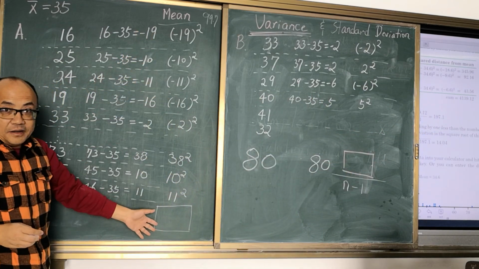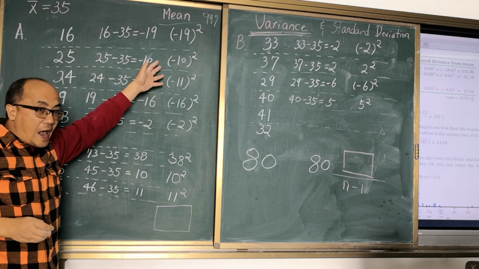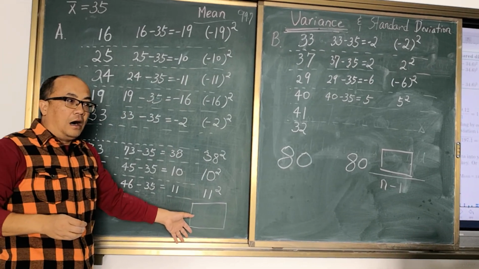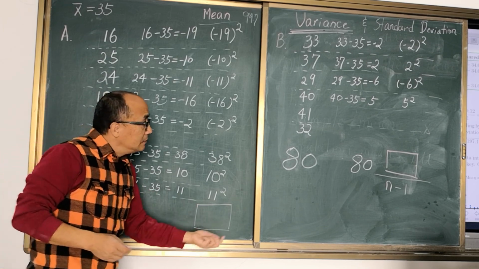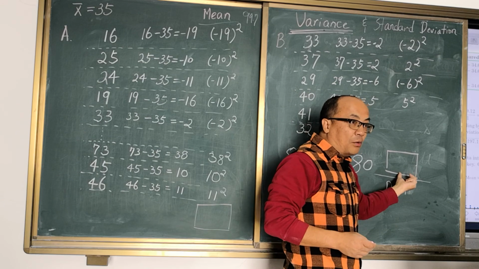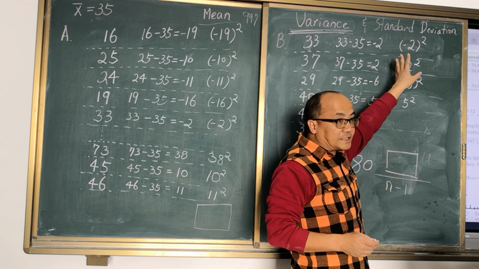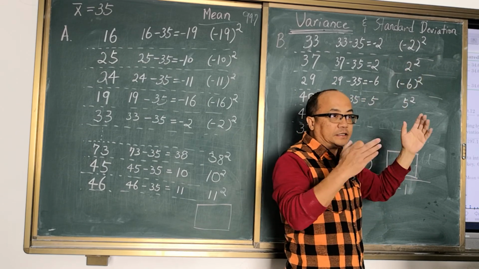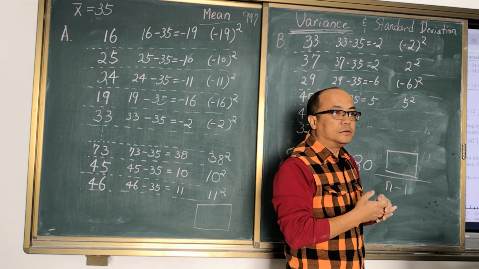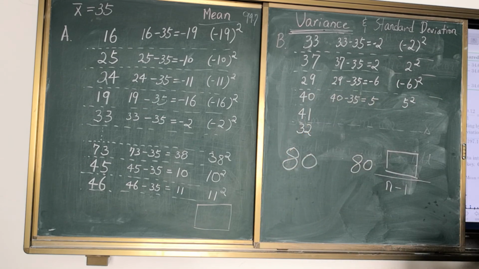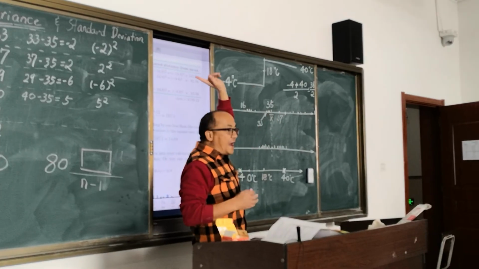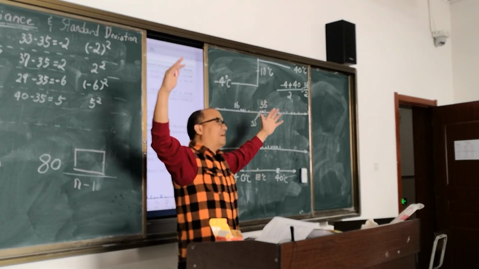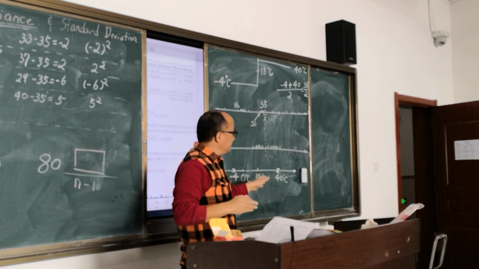When you add them, the total becomes very large. So the squaring has some kind of punishment. If your data is more noisy, up and down, the variance will look very bad.